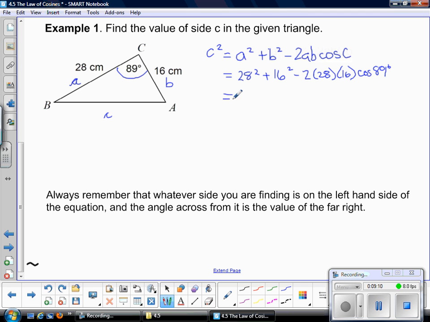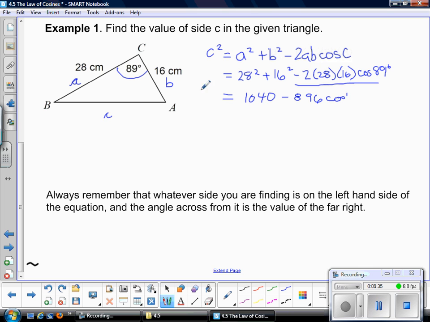So I'm going to take the 28 squared and add 16 squared to that, and I end up with 1040. When I take my calculator and multiply all of this together, I end up with negative 896 cos of 89.